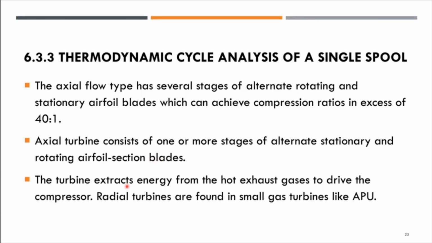The function of the turbine is to extract energy from the hot exhaust gases to drive the compressor, so heat energy is converted into mechanical energy. Radial turbines are found in small gas turbines like the auxiliary power unit, APU.